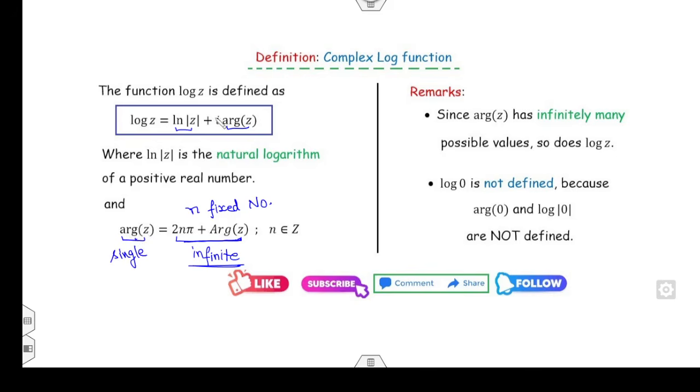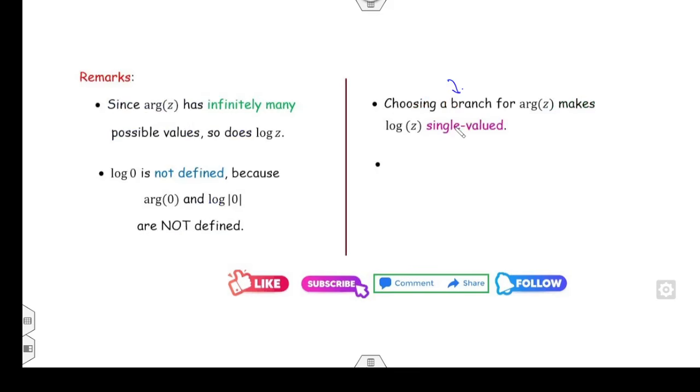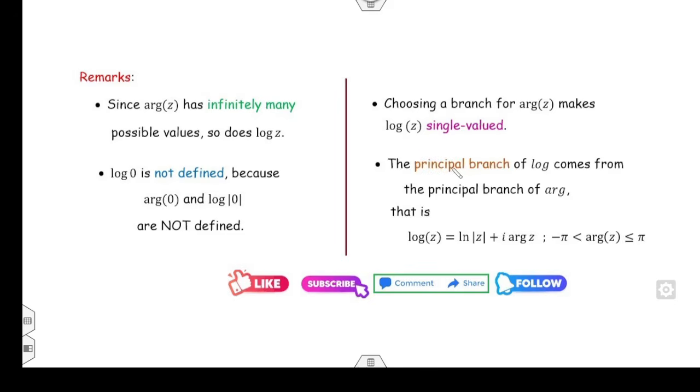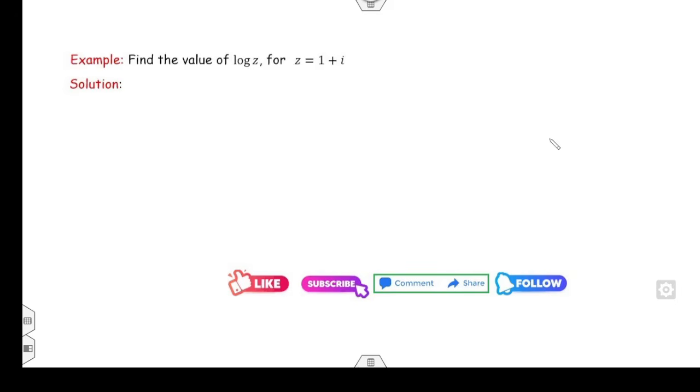Once the argument of z is single valued, then log of z is also single valued, and that is called the branch of the argument. We will discuss the branches of the logarithm function in detail in a separate video in the next part. And if I restrict my small arg to be the principal value, that is minus pi to plus pi, then we call it the principal branch of the logarithm function. That we will discuss in a separate video.